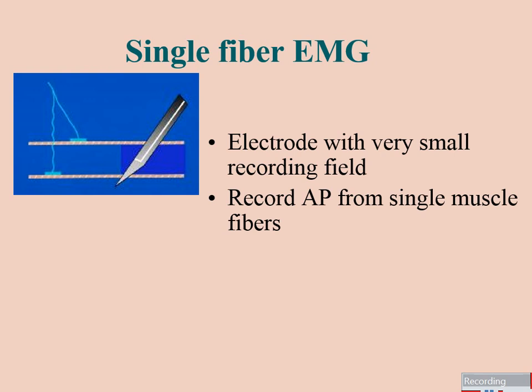What we're trying to do with single fiber EMG is find two fibers that belong to the same motor unit, so that when one fiber fires, the other one always fires, because they're branches of a single axon that are innervating two fibers. And again, you've got to get voluntary contractions, you've got to get motor units firing. So this is difficult to do for us because we usually have to have the patient asleep.